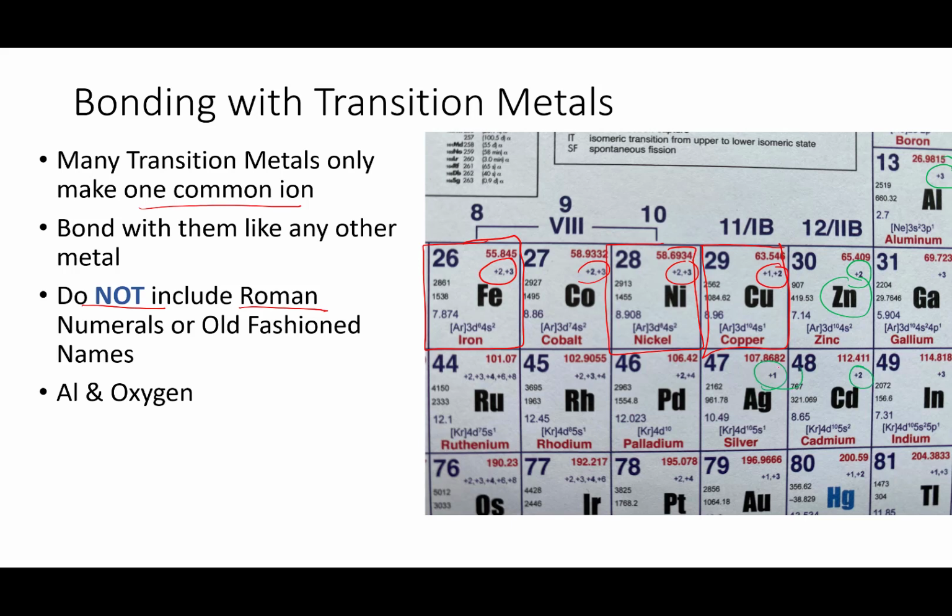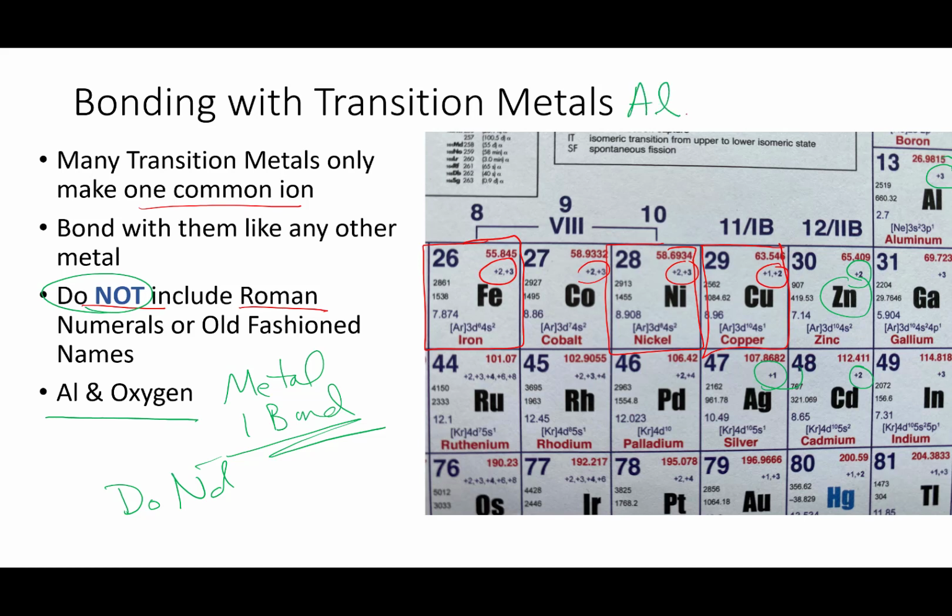So if you are dealing with a metal that only has one way to bond, here's where it gets tricky. Do not include the Roman numerals or the old-fashioned names in the names. So if you were going to bond aluminum and oxygen, aluminum is a +3. Oxygen is a -2. You crisscross those, you'd end up with, oh, you can't see that red, can you?